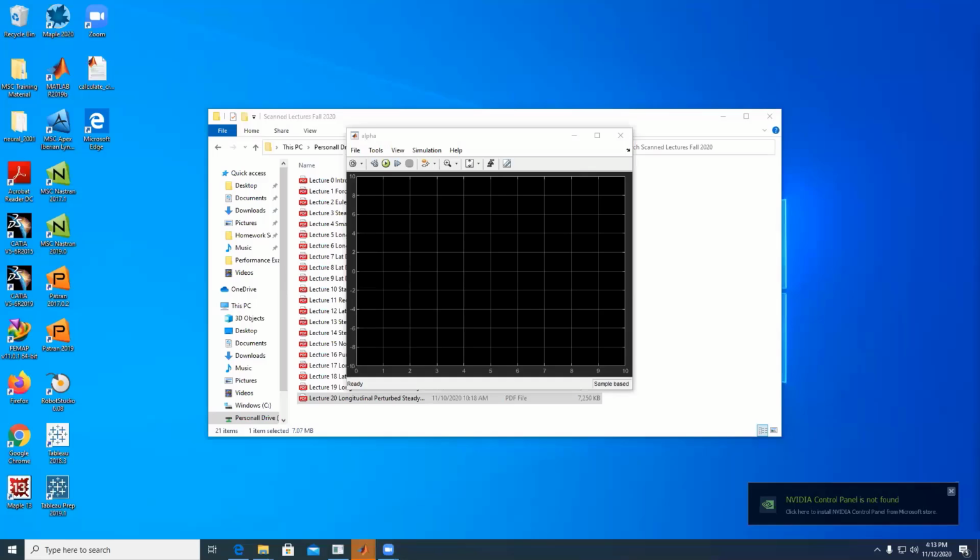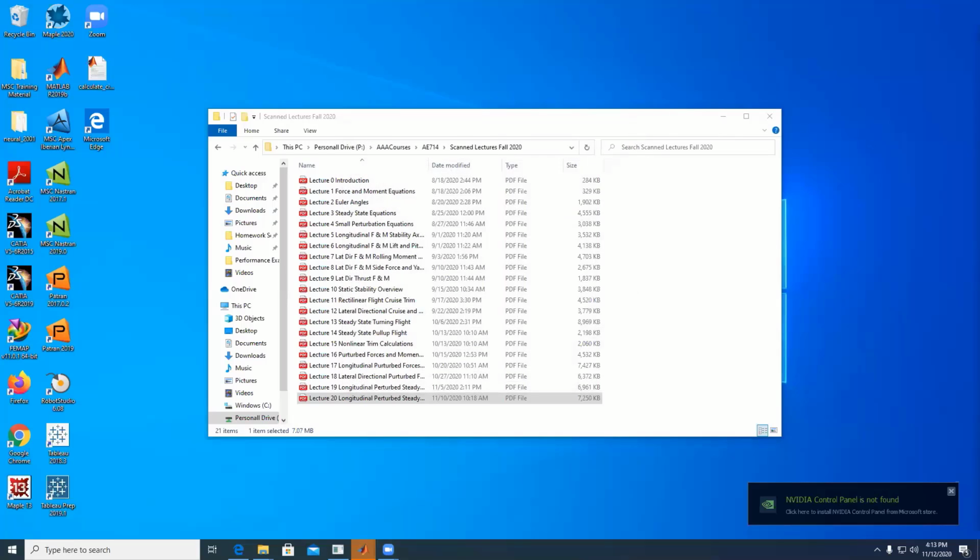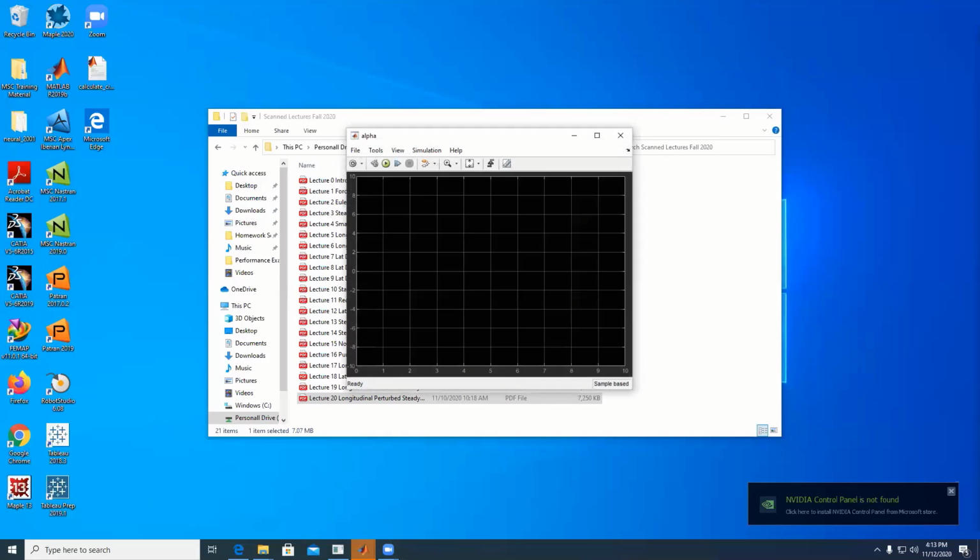So I've got to double click on the U scope and it pops up. Same thing with the alpha scope. Popped up over on my other screen here.